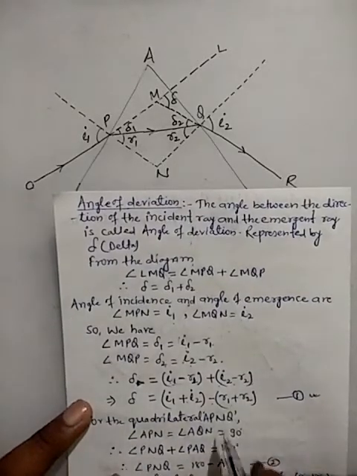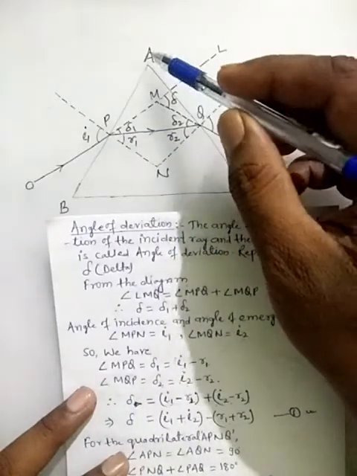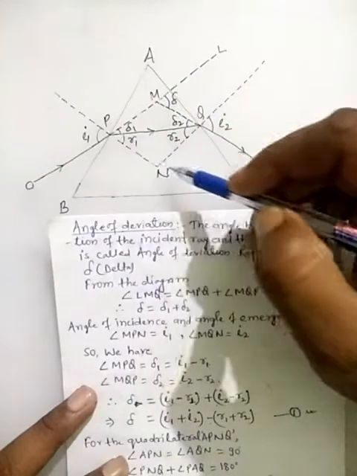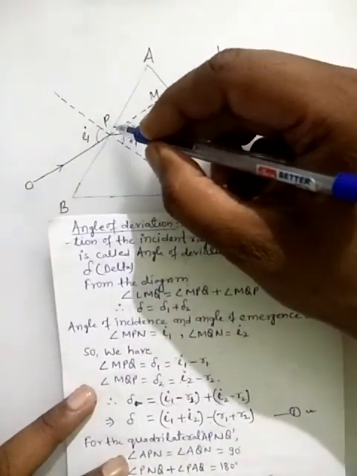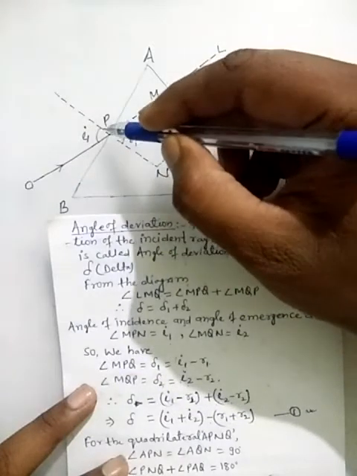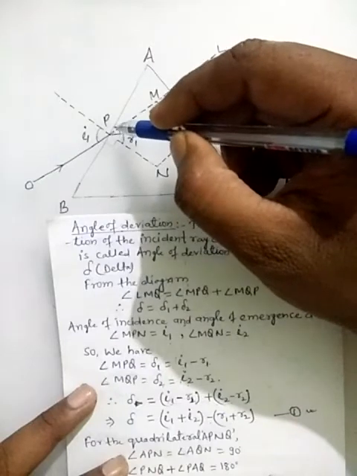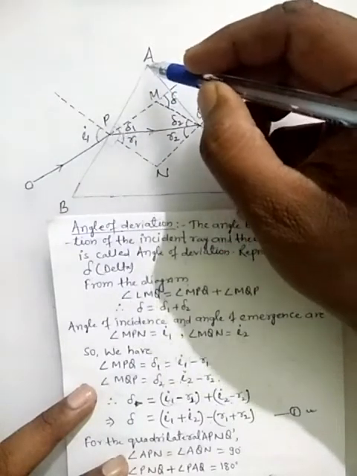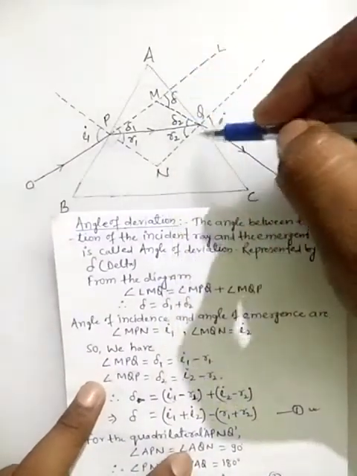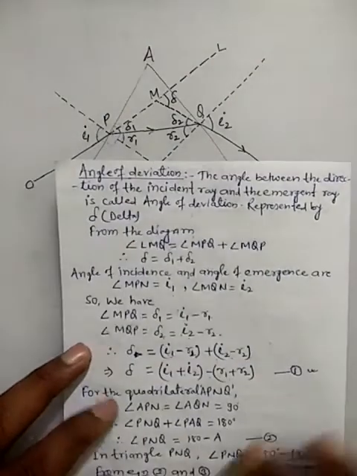And for the quadrilateral APNQ, this line is perpendicular to the surface, and the total angle will be equal to 360 degrees. At this point, angle APN will be equal to 90 degrees, and similarly angle AQN will be equal to 90 degrees.